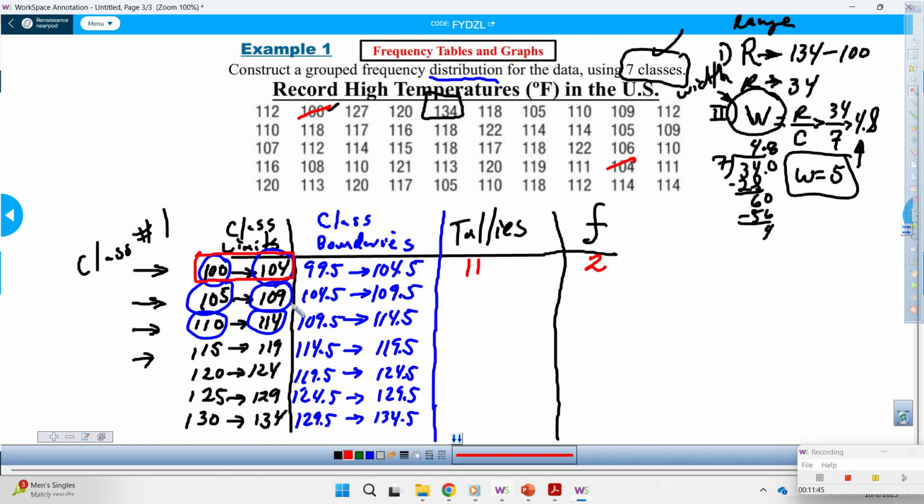Next, from 105 to 109. Let's go with the first column. 1, 2.